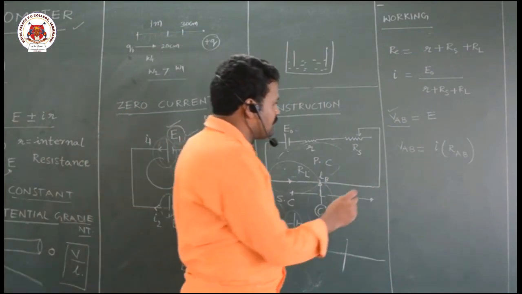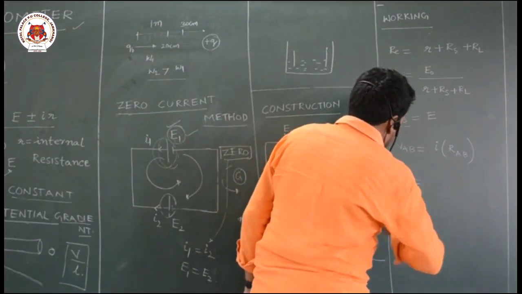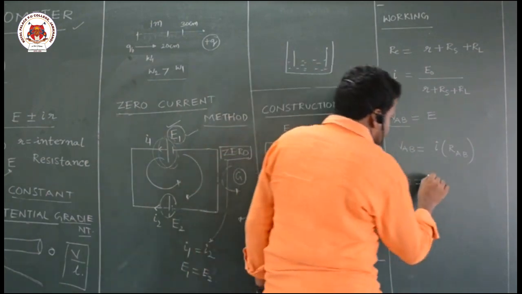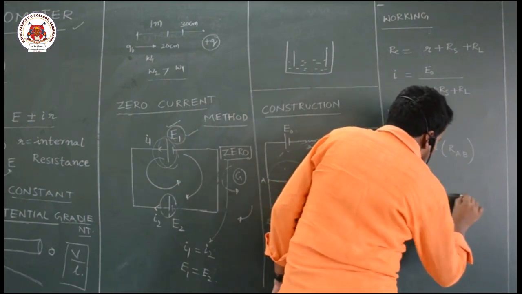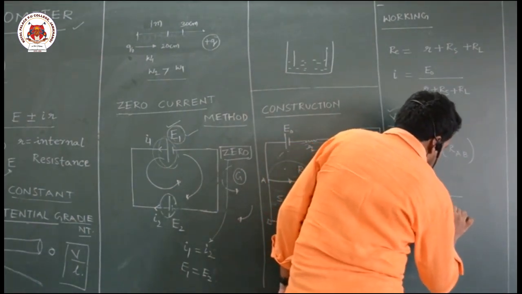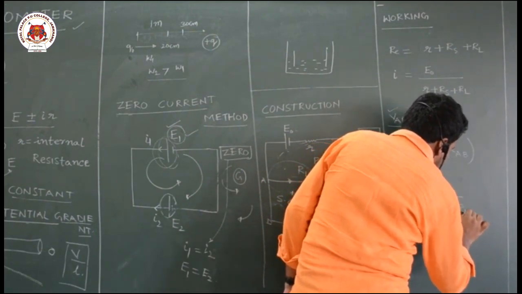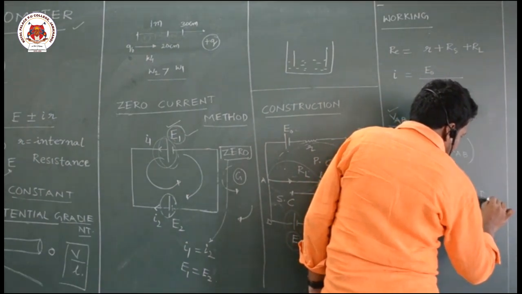So potential difference across AB is equal to current, which is E naught by small r plus RS plus RL, into resistance across AB.